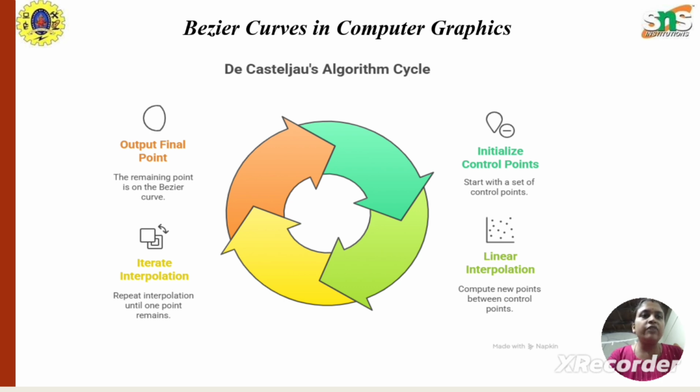First we initialize the control points, starting with the set of control points. Then we follow linear interpolation, computing new points between the control points. Next we iterate the interpolation, repeating until one point remains. Finally we get the final point. The remaining point is on the Bezier curve. So this is about the de Casteljau algorithm.